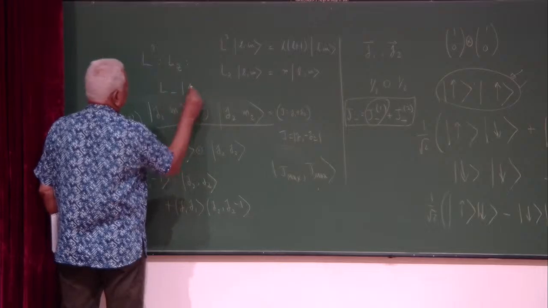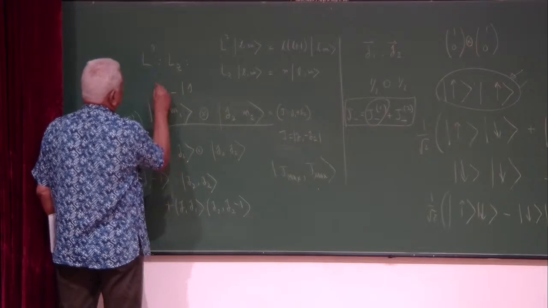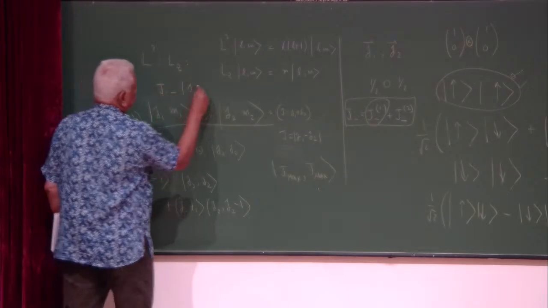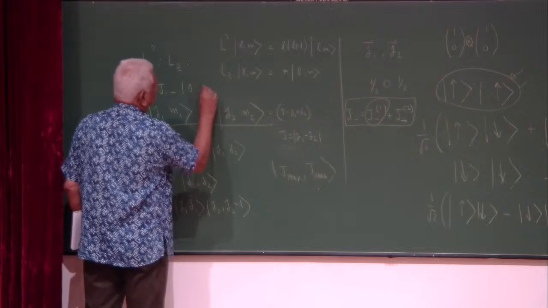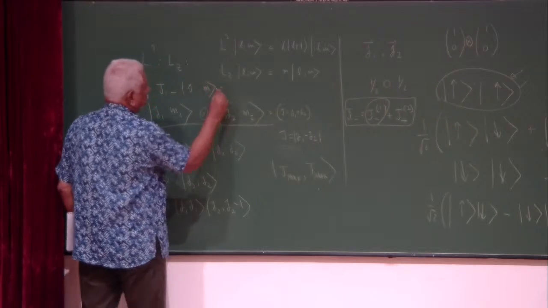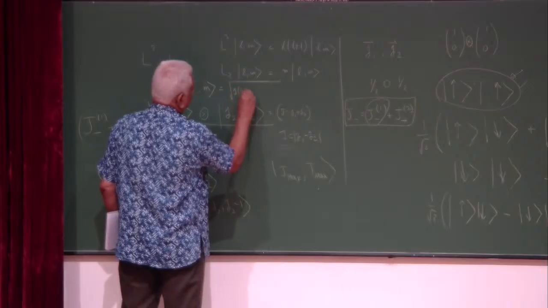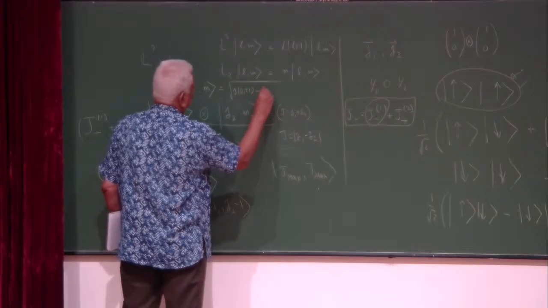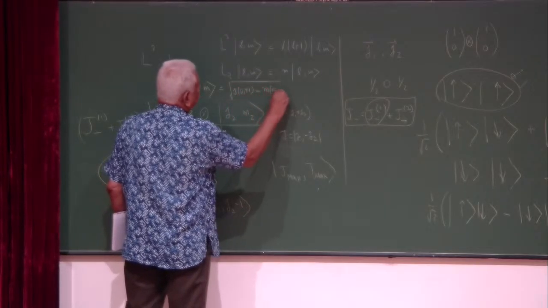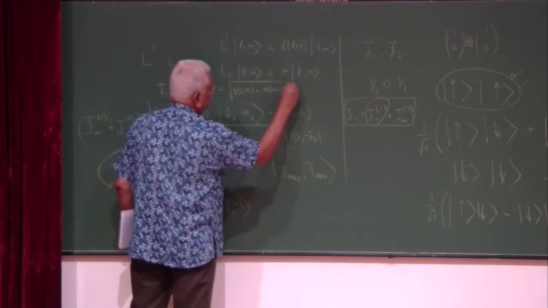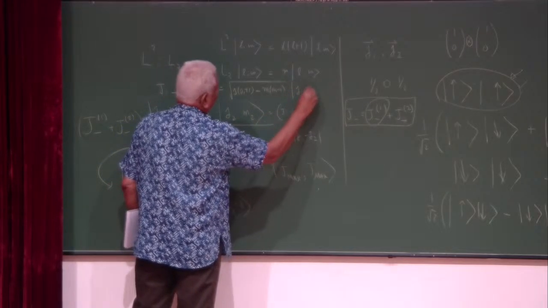J minus acting on J m will give me square root of J into J plus 1 minus m into m minus 1, because that's minus sign here, and then J m minus 1.